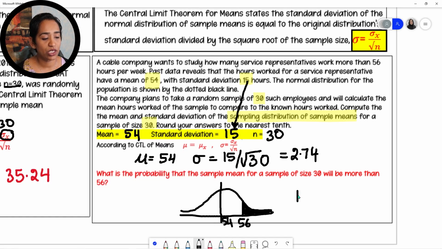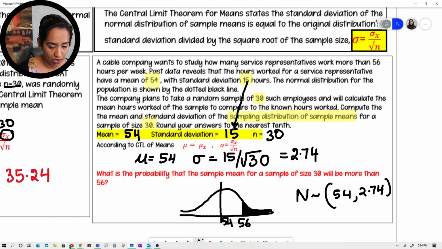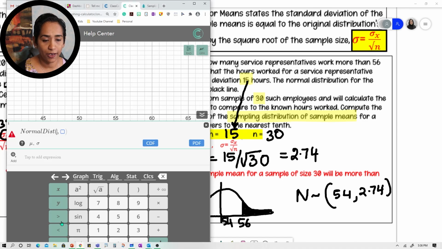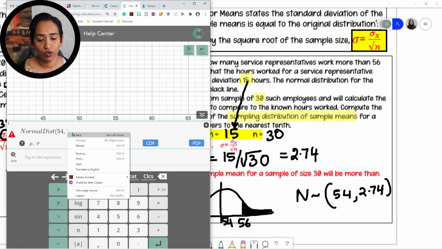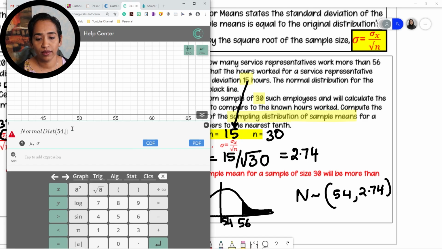Remember, this is a normal distribution with a mean of 54 and a standard deviation of 2.74. Right, that's what we have. So let me plug that in. I have a mean of 54 and a standard deviation of 2.74.